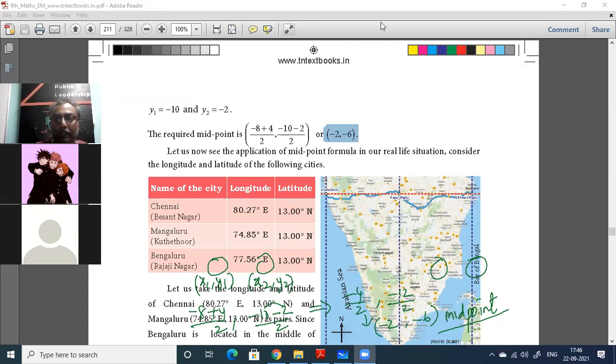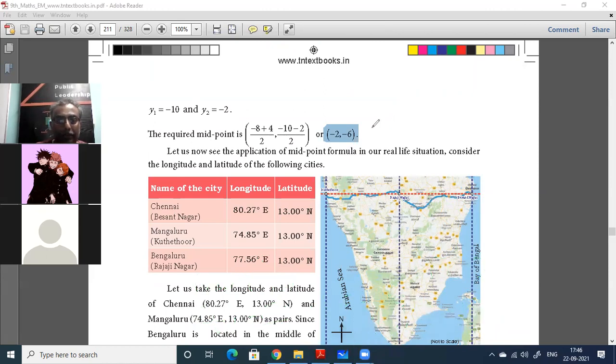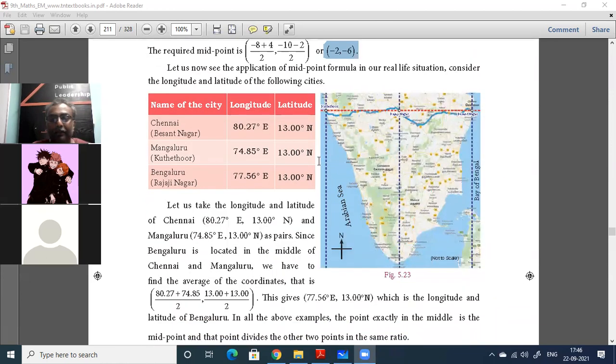Let us clear all this and we'll do again. Now he's telling something which we can skip. What they are trying to tell is some geography lesson. See, Chennai is lying at this point. It's very interesting, it is a real thing. What is the latitude? 13 degrees north.